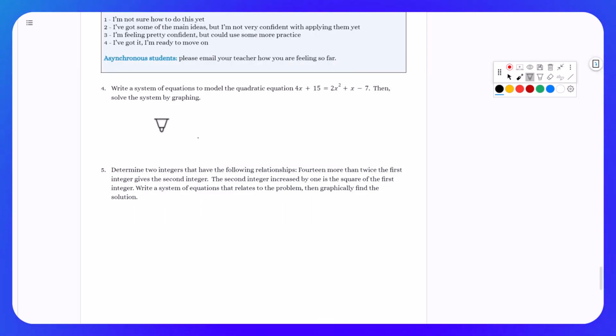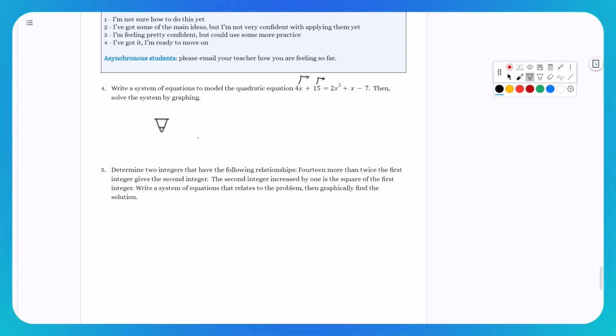Okay, let's look at question 4. And it's asking us to write a system of equations to model the quadratic equation. Now, you've seen quadratic equations before. And normally what you would have done is you would have taken everything and brought it to one side to make the other side equal 0. And you could have solved for x by going ahead and factoring or using the quadratic formula.